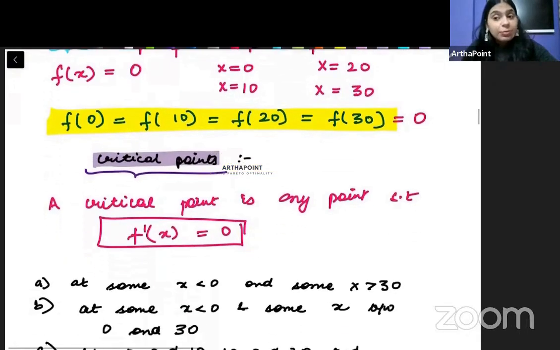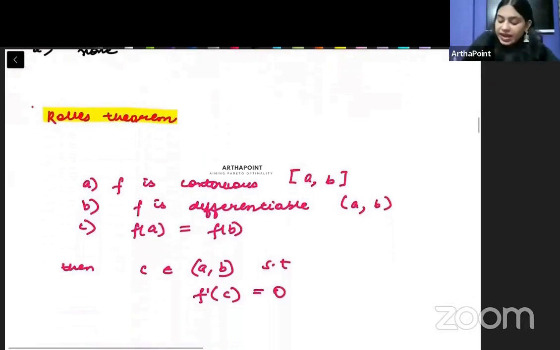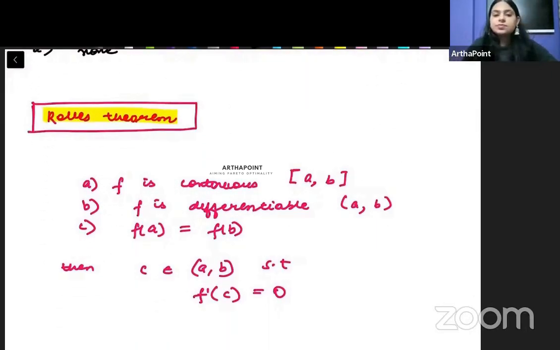अब ये एक बहुत बड़ा hint है that I can use Rolle's theorem in this. And what does Rolle's theorem suggest?